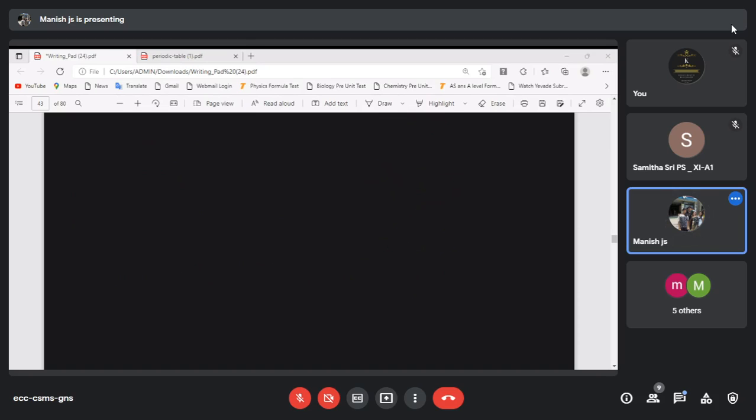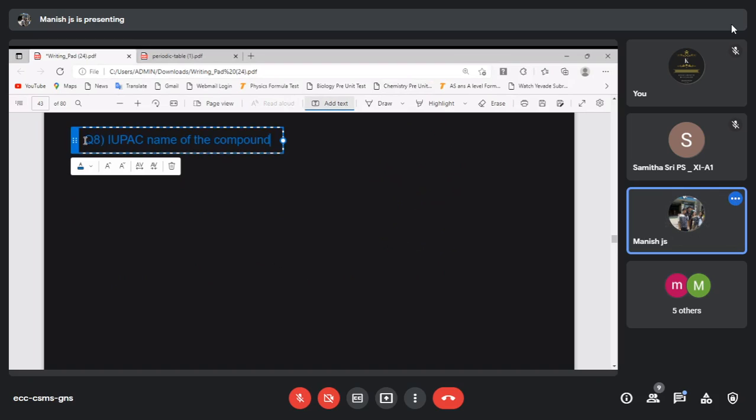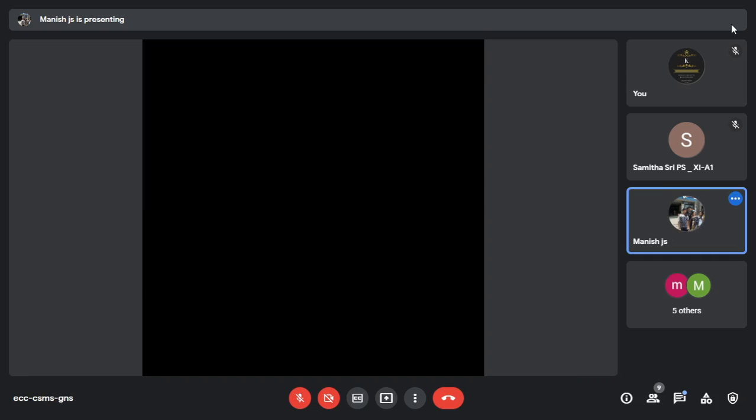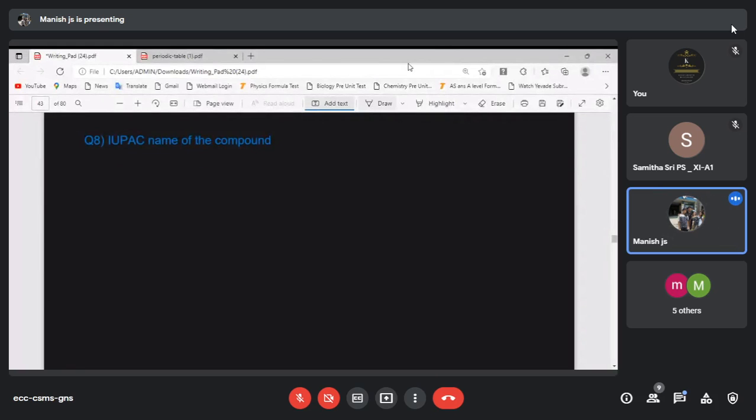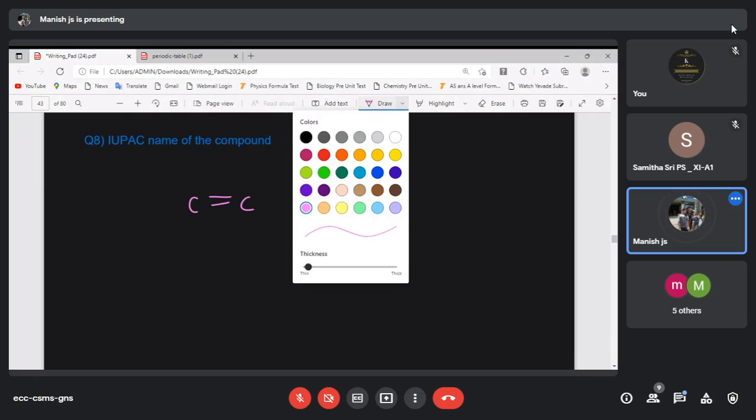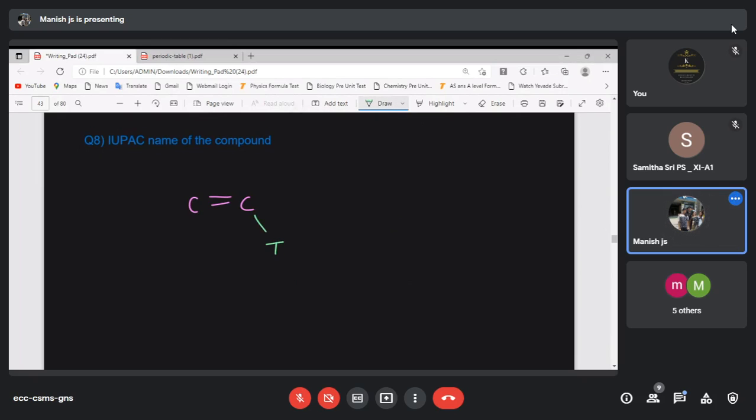Question. IUPAC name of this compound. பார்க்கலாம். I'm giving you the question first. Let me draw it. Now C, double bond C. One iodine is there here.